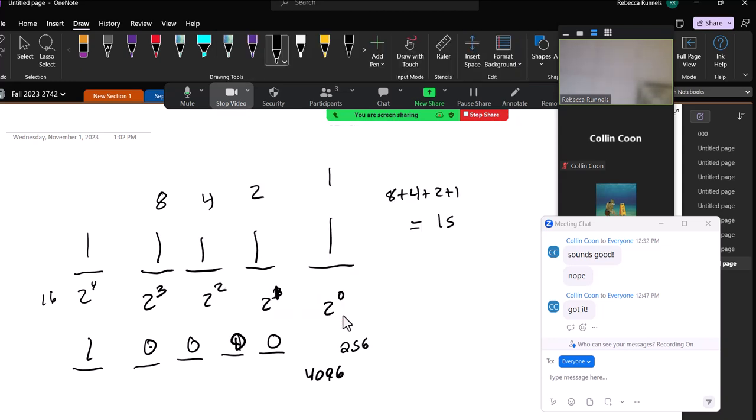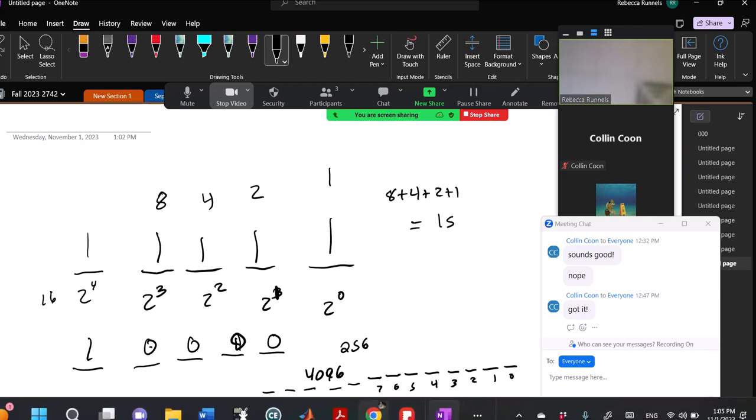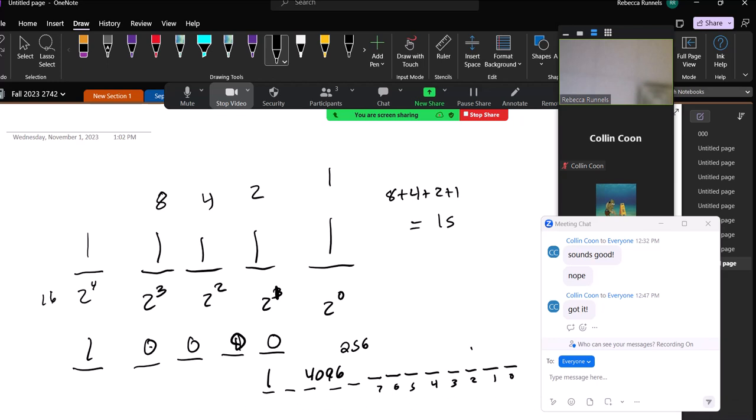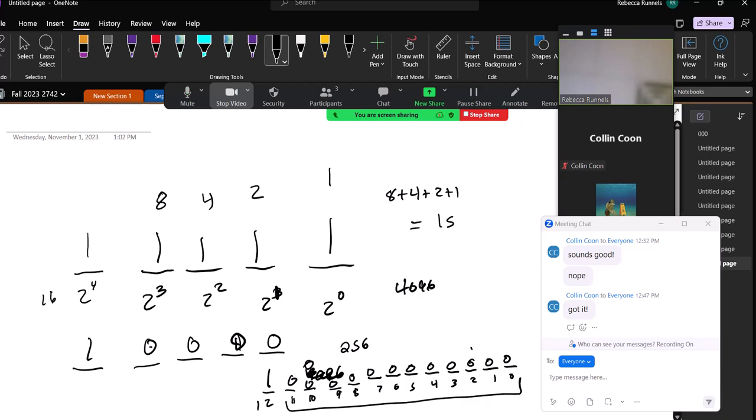So if I wanted to have the number 4096, it would be a 1 followed by 12 zeros, counting 1, 2, 3, up to 12. So it would take up 13 bits, because the biggest number that I can get with 12 bits is 2 to the 12th minus 1.